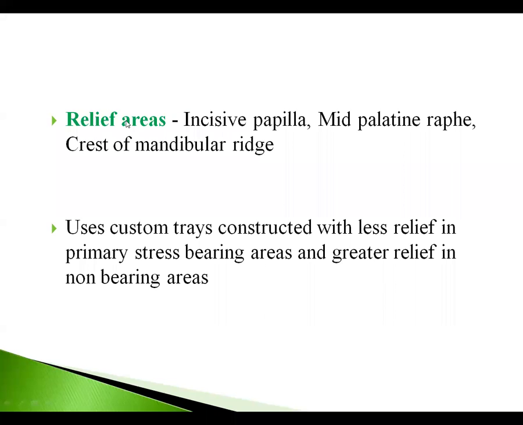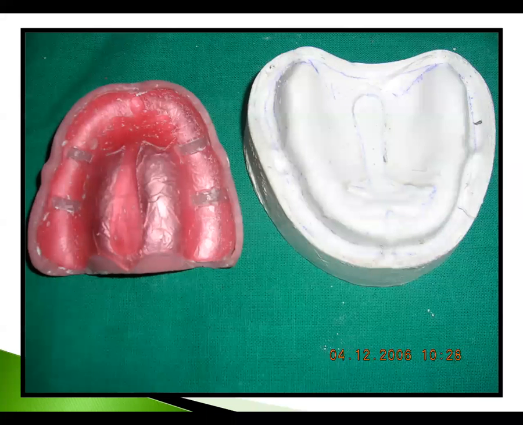Then coming to the relief areas: the incisive papilla, the mid-palatine raphe, and the crest of the mandibular ridge. These are the relief areas present in the maxillary and mandibular ridges. Custom trays are constructed with less relief in the primary stress-bearing areas and greater relief in the non-bearing areas.